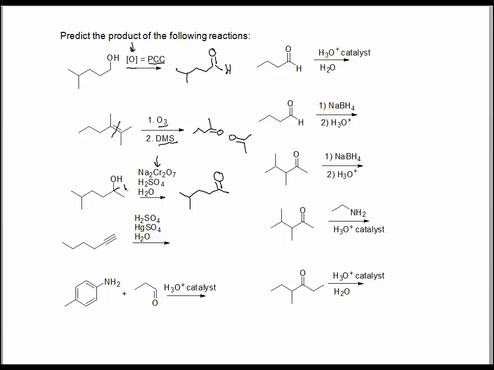We can remove these 2 H's, and we're left with a C=O double bond where that alcohol used to be. In this case, we will protonate the alkyne, and we're left with a ketone in that spot.